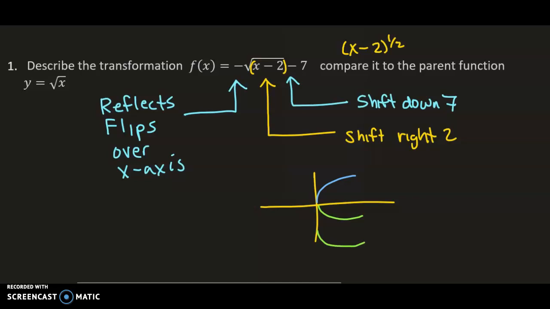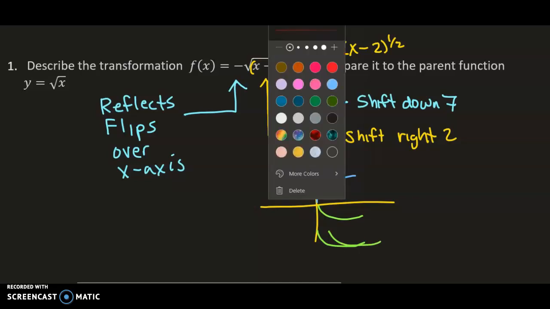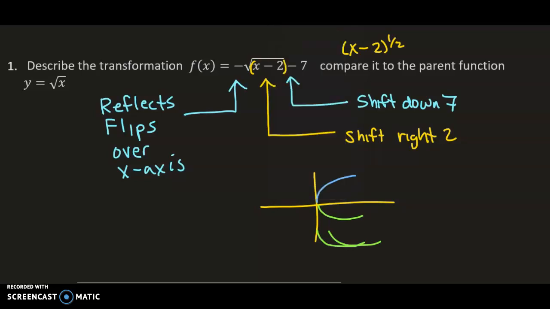And then it's also going to shift it right 2. So altogether it's going to end up doing something like that third line I just drew. So it'll end up somewhere around there.